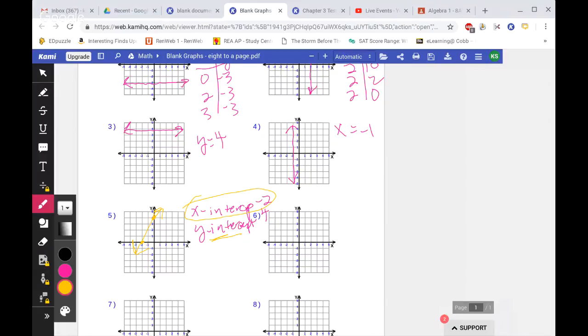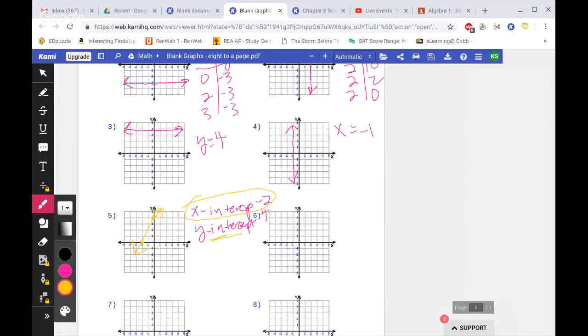Because on the review, we have to solve for the x-intercept and the y-intercept, but solving for it and understanding how to put it on a graph is sometimes 2 different things. So I'm making sure that you guys understand how to plot the point. And then we're going to move into actually solving for the x-intercept and y-intercept.